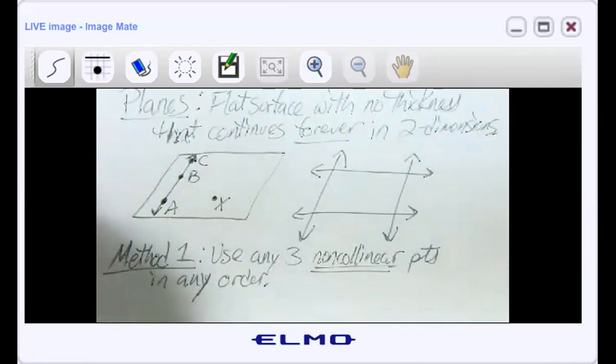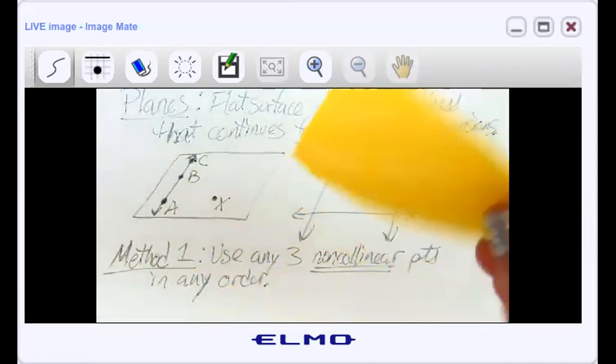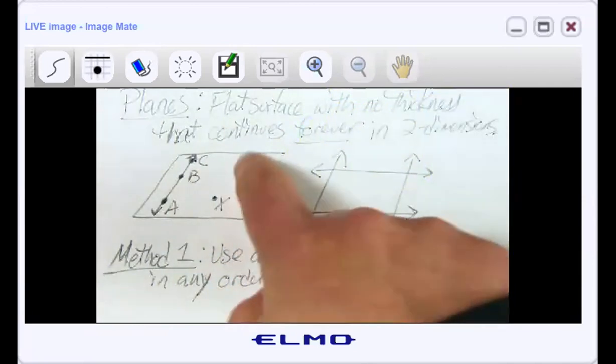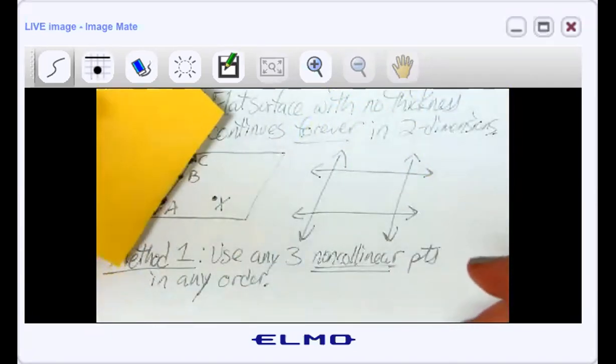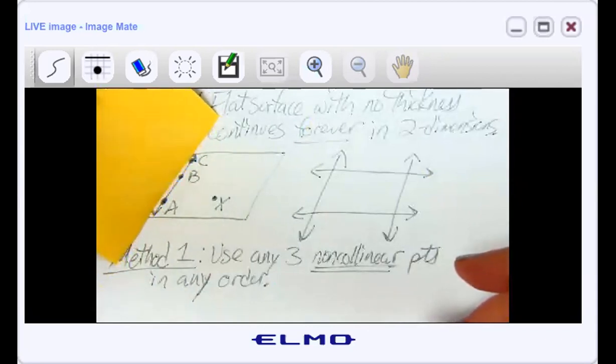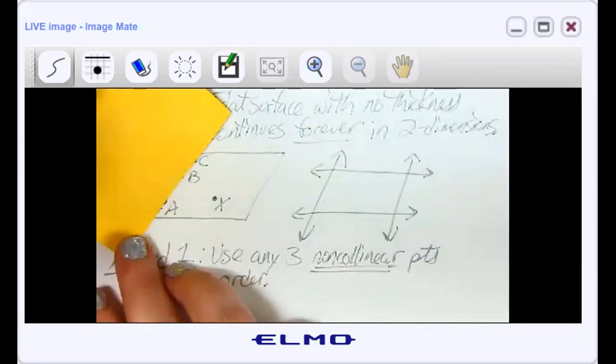Let me use my super cool Post-it note here. So imagine that my Post-it note here was another plane. I have one plane here on the paper, but imagine I had another one right here. Wouldn't this yellow plane also have points A, B, and C in it if it was set up just like this? Sorry, my hand's moving an awful lot. There we go. See that?